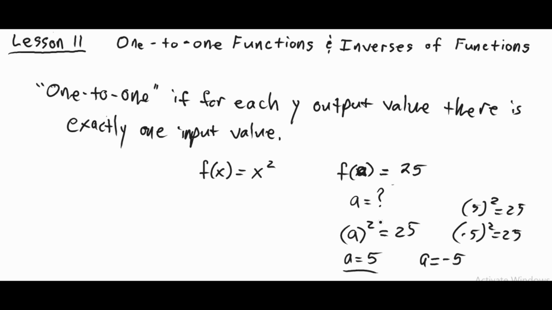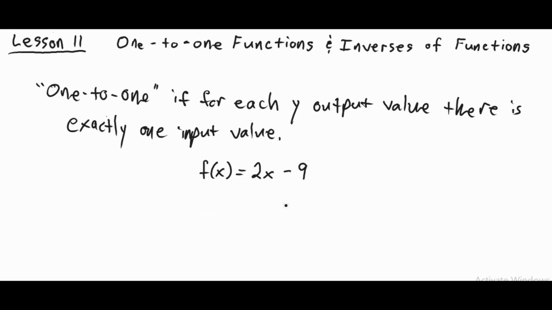And because there are two input values that result in an output of 25, then f of x equals x squared is not one-to-one, okay?